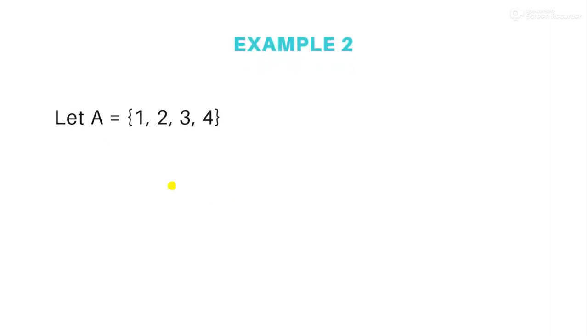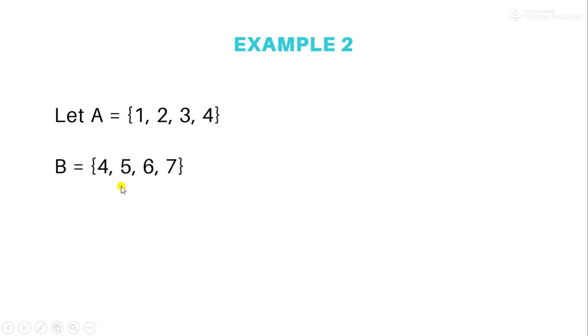So I'm going to give you another example. Here we have a set A, and set A has four elements, that is 1, 2, 3 and 4, and we have another set, set B, and set B has 4, 5, 6 and 7.